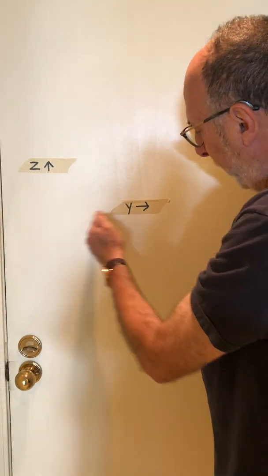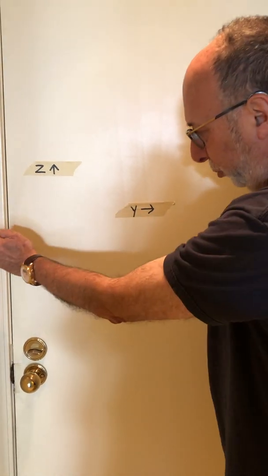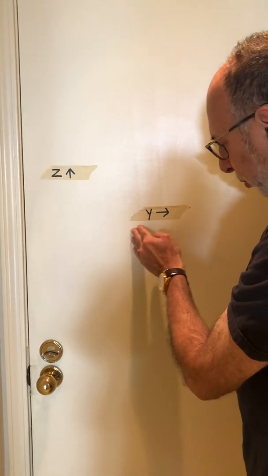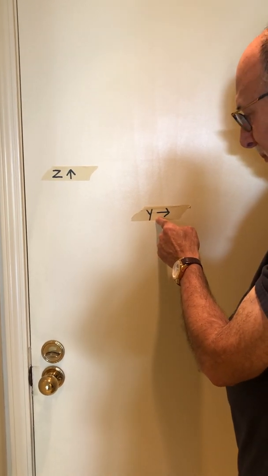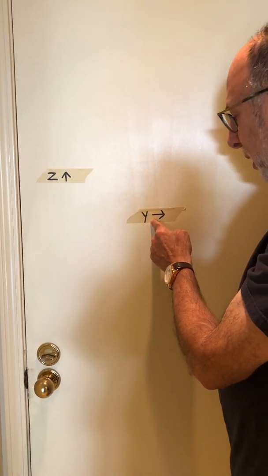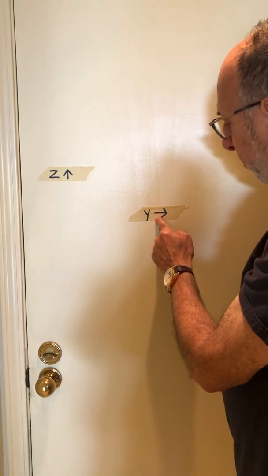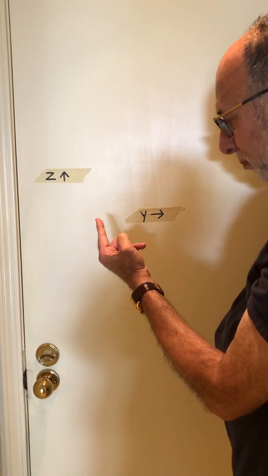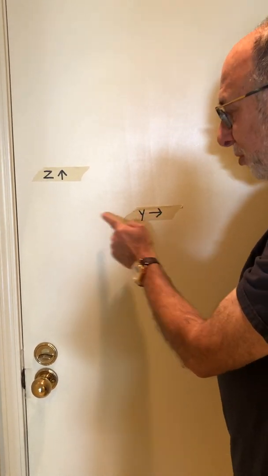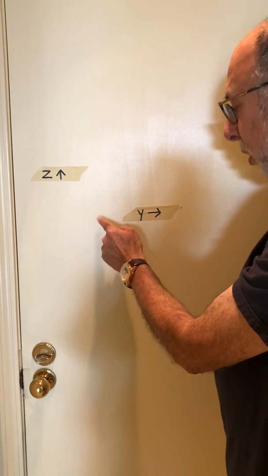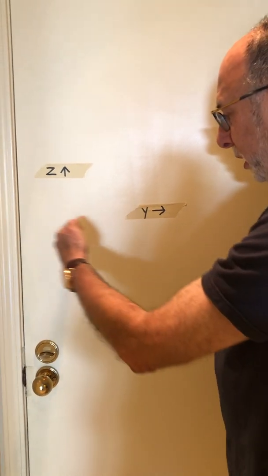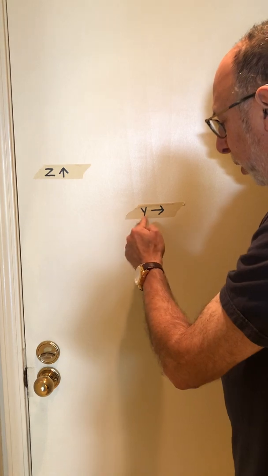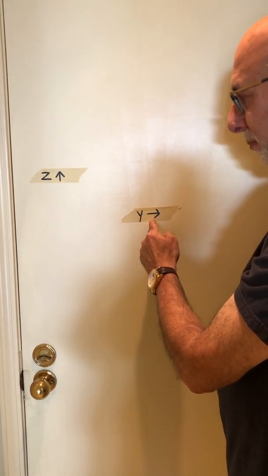So for example, right here, suppose I'm 10 units out in the positive direction, but I'm on the y-axis. Remember, on the y-axis, x and z are fixed at 0. So if I'm 10 units out, the coordinate of that point would be 0, 10, 0.